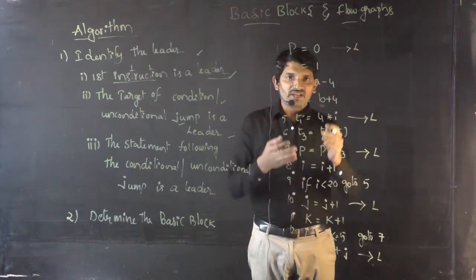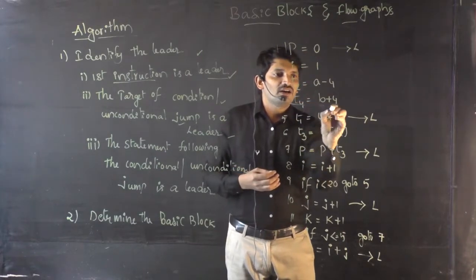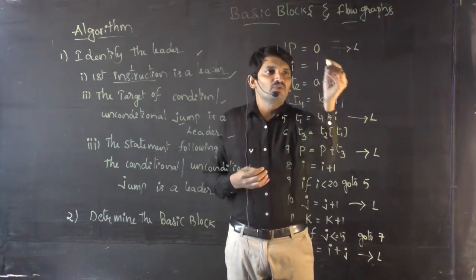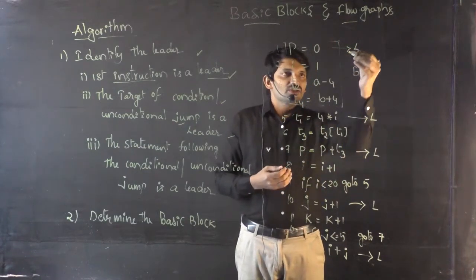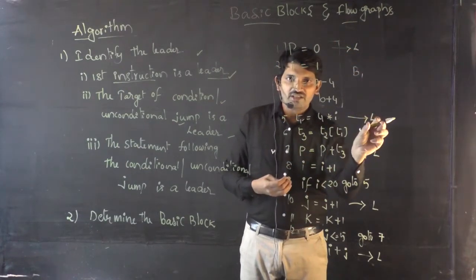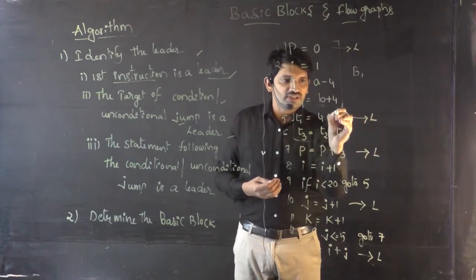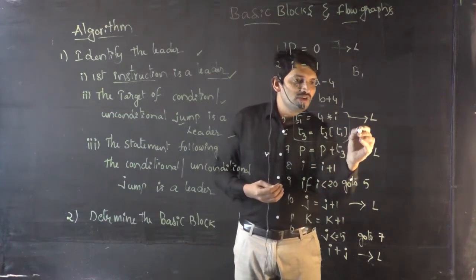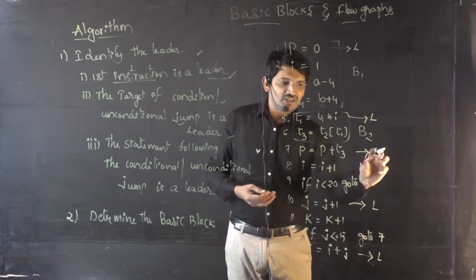Now I want to construct the basic blocks. These lines come under block 1. Here the next leader is there, so these two instructions come under block 2. Then here one more leader is there.